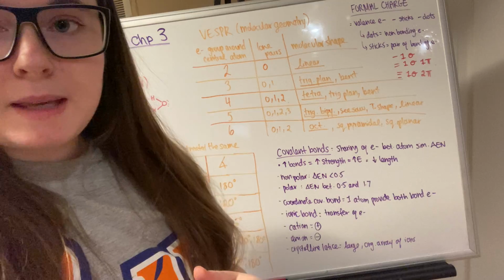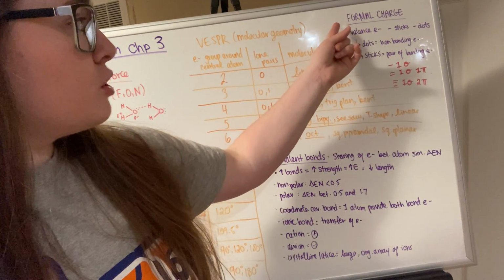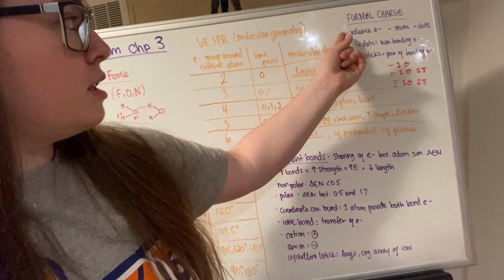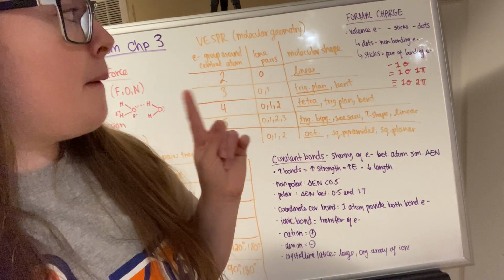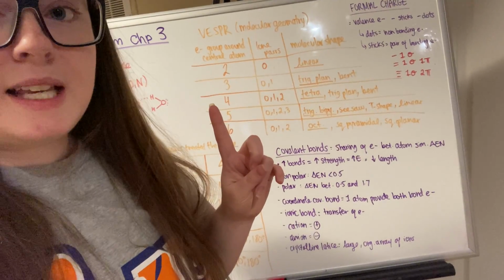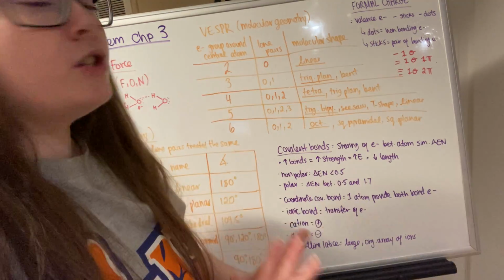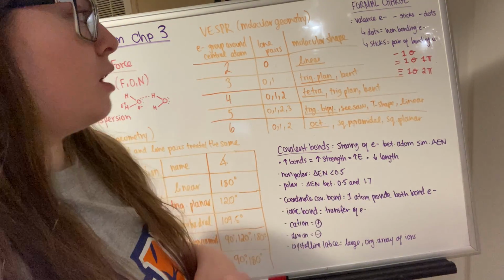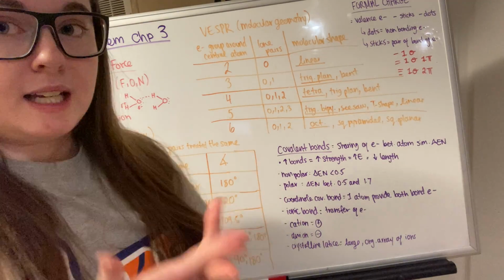Another piece up here is the formal charge. The formal charge equals the valence electrons minus the number of sticks minus the number of dots. When we say sticks and dots, the dots are the number of non-bonding electrons. The sticks are a pair of bonding electrons, okay?